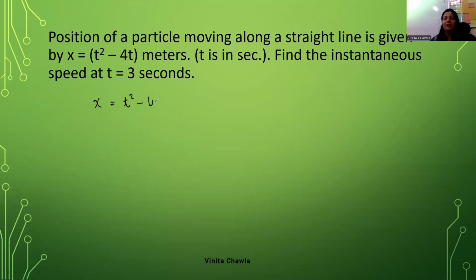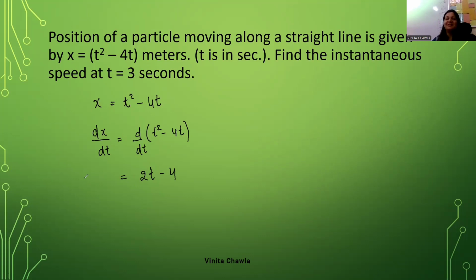So we have t square minus 4t. We have to find instantaneous speed at t equals 3 seconds. Find dx by dt. Differentiate it with respect to t. You will get 2t minus 4.